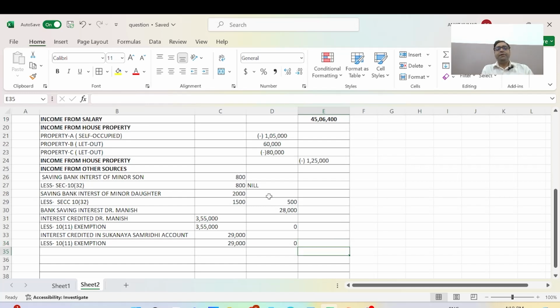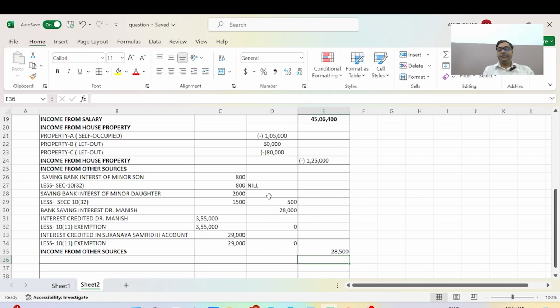Now we add the income from other sources, which is 28,500.